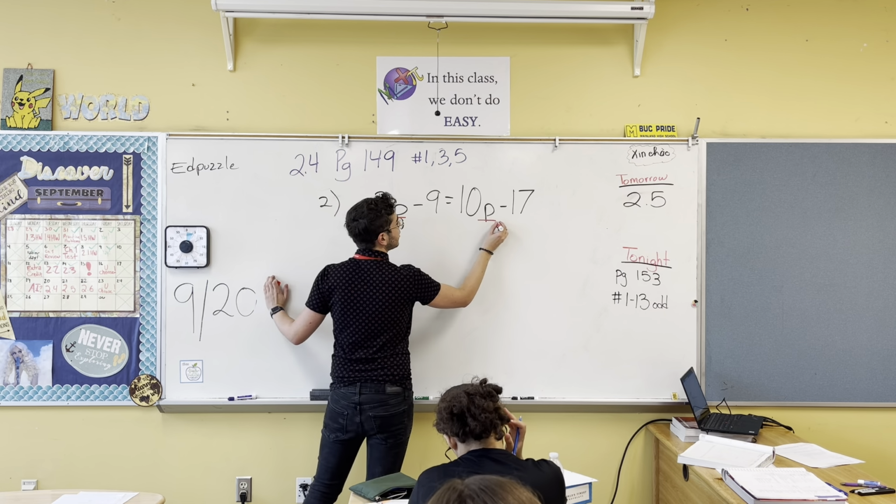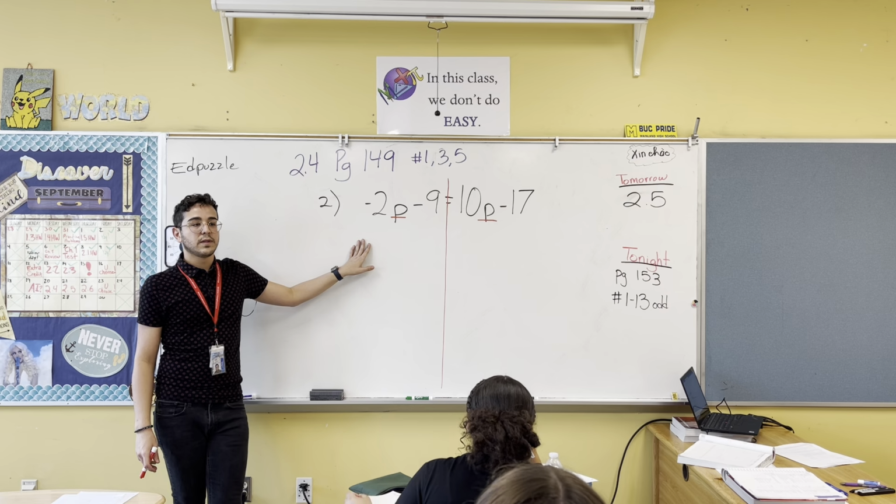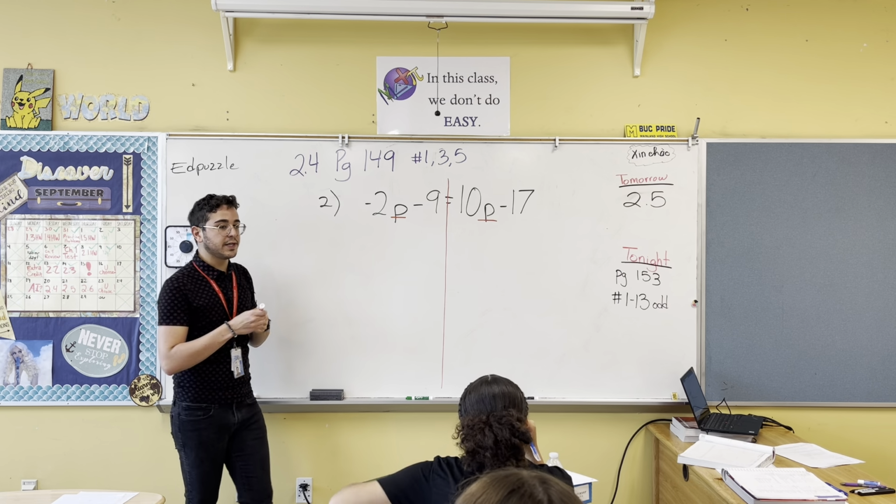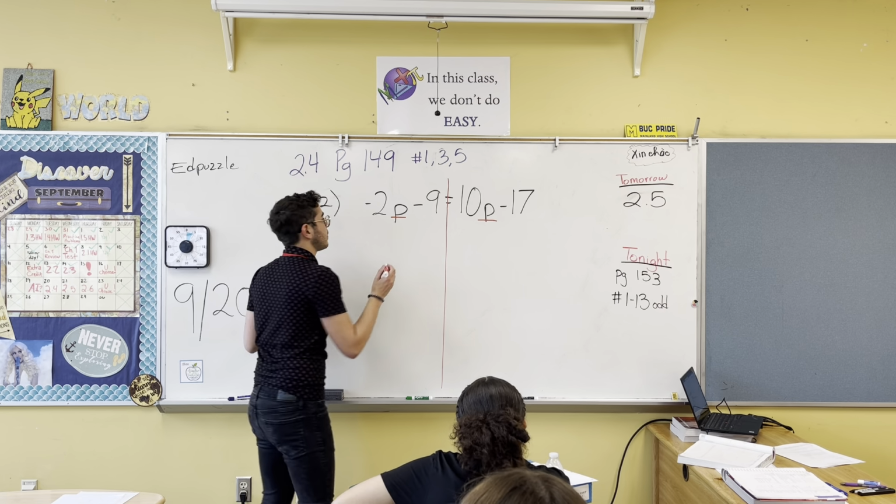Which one of these values do you think would be easier to make disappear? Negative 2. How would we make negative 2p disappear? Add 2p to just one side or to both? Yes, we believe in equality, don't we? Equality of the sexes, equality of the races, equality of the equal sign is included in that.